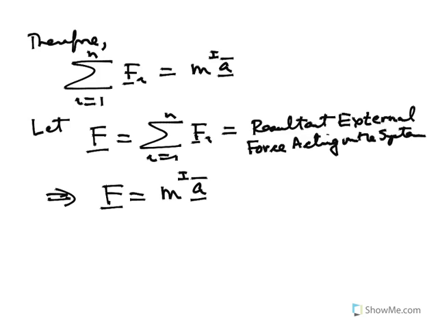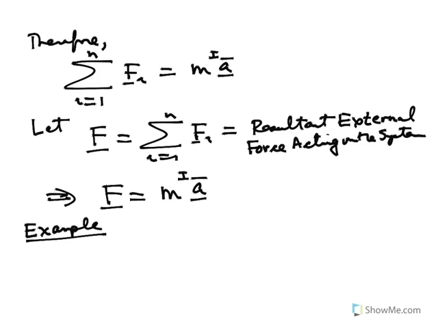So in order to show how this result is actually used, let's consider the following example. Let's do an example straight away to understand the manner in which this is used.